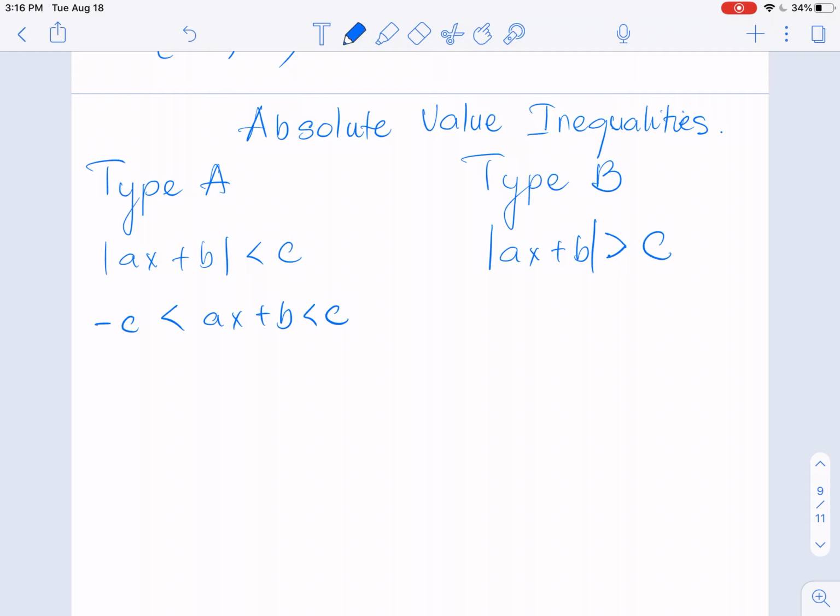For both types, you drop the absolute values and you have the inequality from the beginning. And then for this one, we have the opposite. So you're going to have the change in sign right here. So you have that sign and you have the negative there. And make sure this is OR. This is the intersection and this is the union.